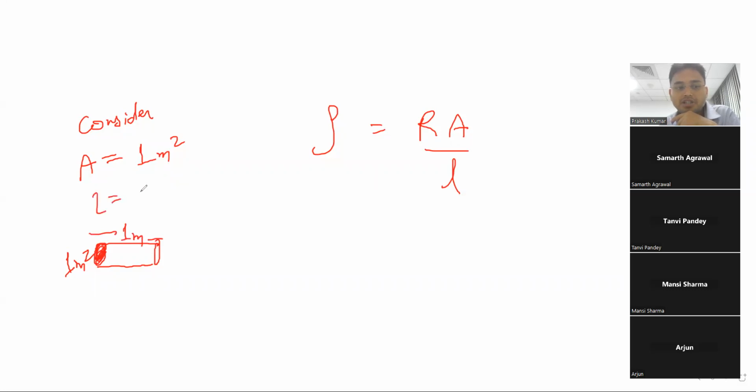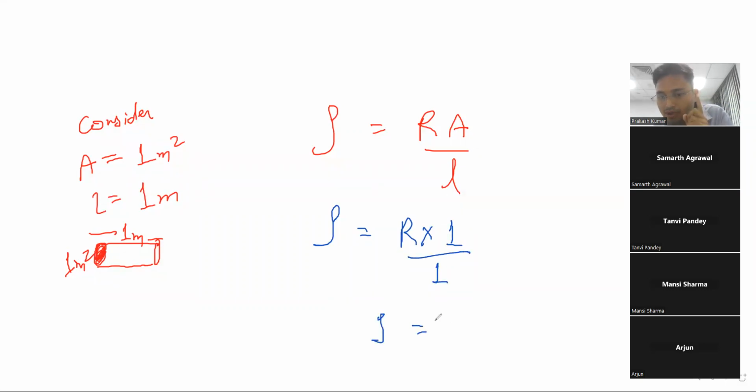So length is 1 meter and area of cross-section is 1 meter square. So my point is, if I take only 1 meter square of area of cross-section and length 1 meter, then rho will be equal to R. All of you getting this?